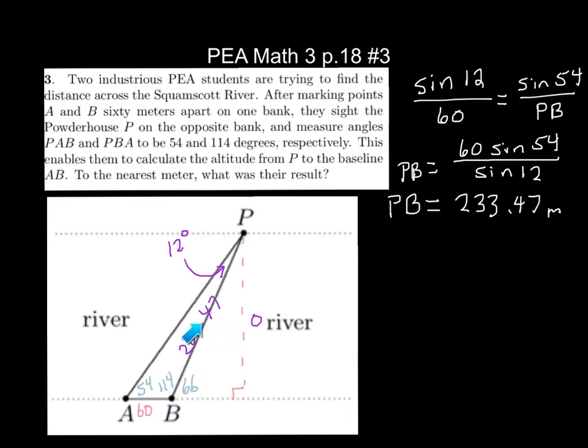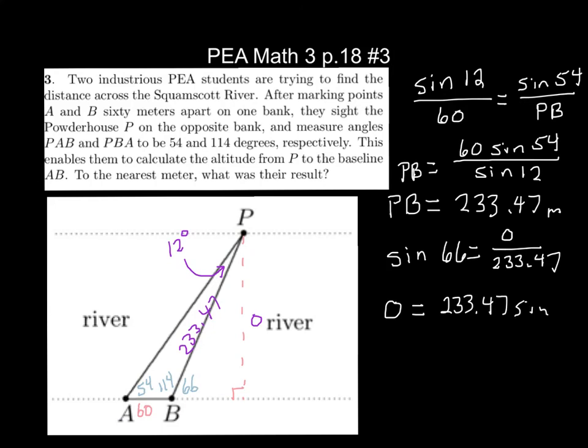And we have the hypotenuse, so we can set up a trig function: sine 66 equals the opposite side over 233.47, which means that opposite side would equal 233.47 times sine 66.